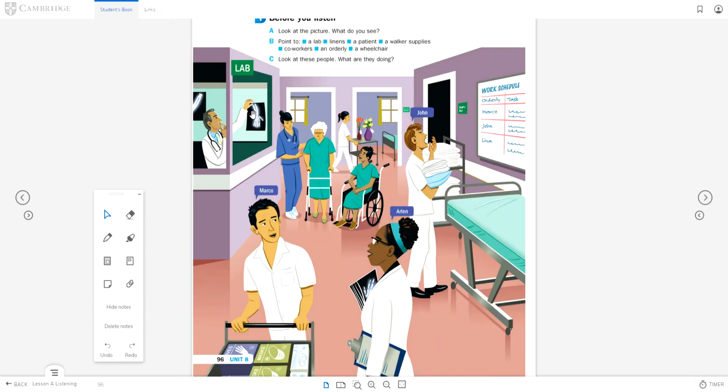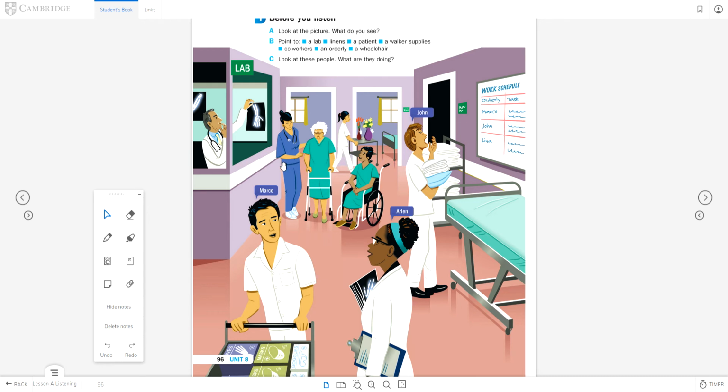What do you see here? What kind of place do you think this is? Hmm. Yeah, it looks like a hospital, isn't it? It looks like a hospital. Okay, you have people here.